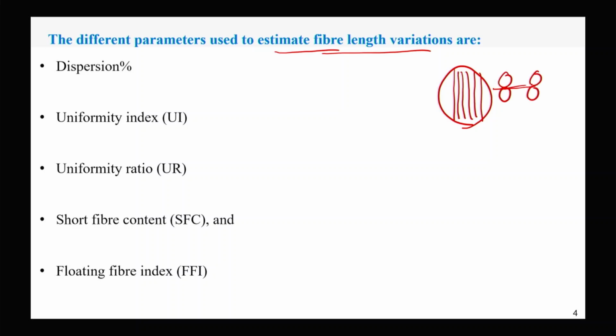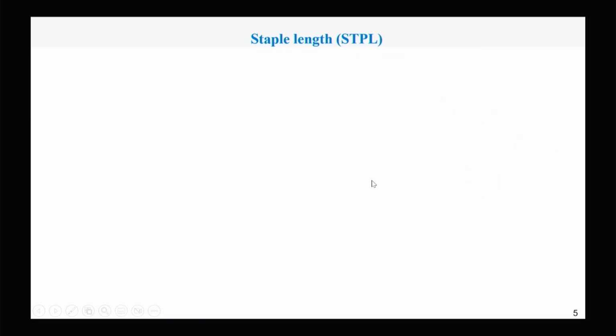We can set roller setting depending on the cut length. But when the variability is very high, the roller setting is a problem, because if we set based on the longer fiber, then there will be many floating fibers which will create the unevenness. Now we will discuss these terms one by one.